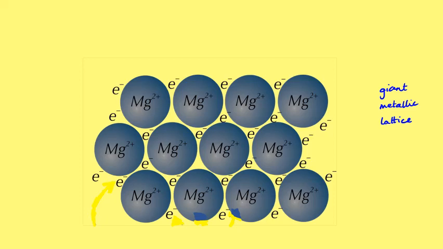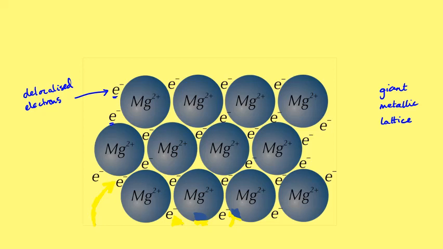And so that's what we're looking at here, and what we can also see is we've got some delocalized electrons. All of these electrons, e- signs here and everywhere else, these are our delocalized electrons. In a metal, it's the outer electrons that become delocalized. Here we've got magnesium as the example.